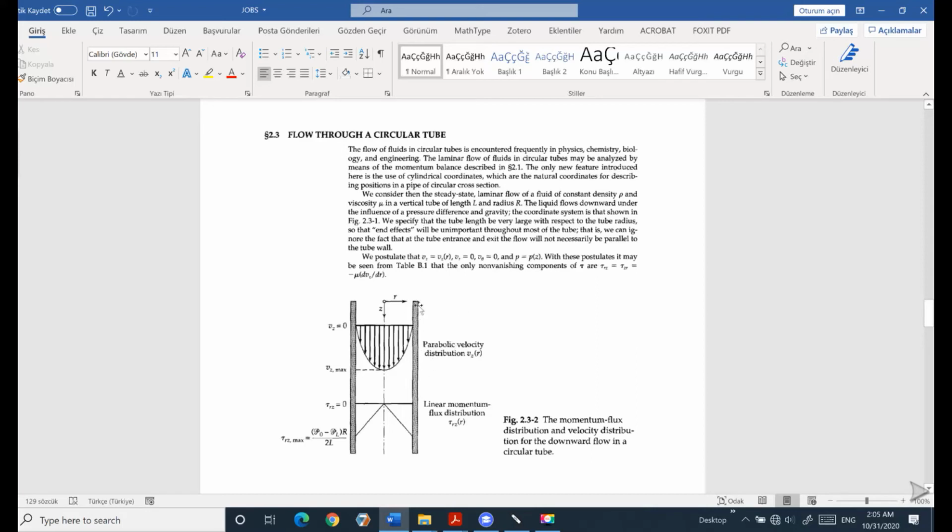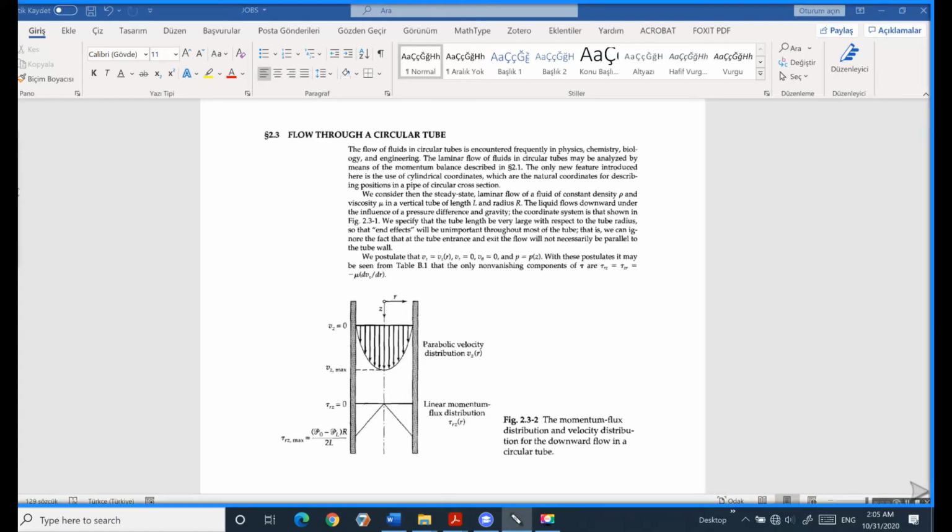It has a length of L, and the radius is R. The liquid flows from the downward direction, under the influence of the pressure difference and gravity.